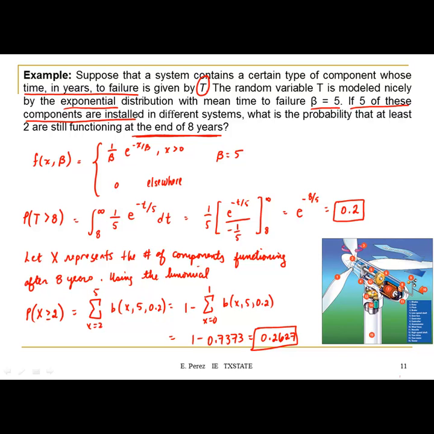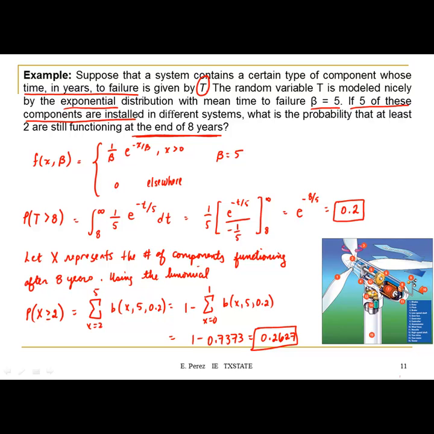So here we are combining 2 distributions to answer one question. The exponential is telling you the probability of lasting more than 8 years. Again, it's an interval of time. When this failure is going to occur, is it going to occur after 8 years, is it going to occur after 7 years, and so on.